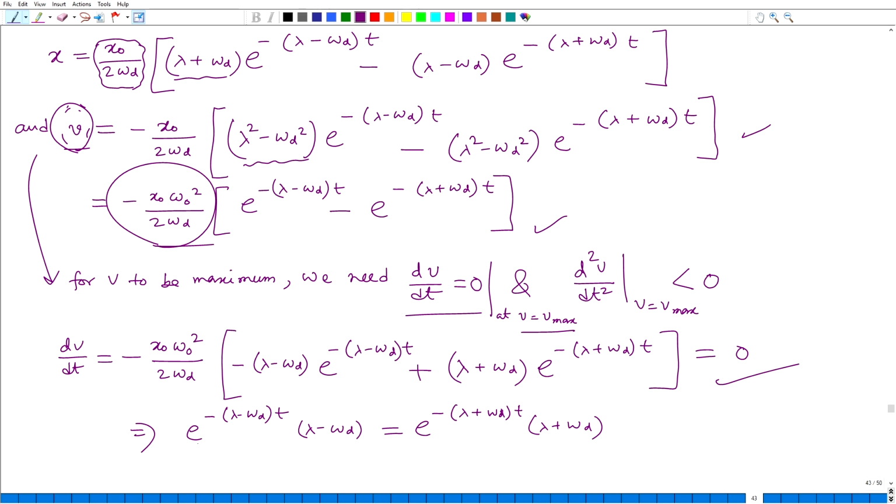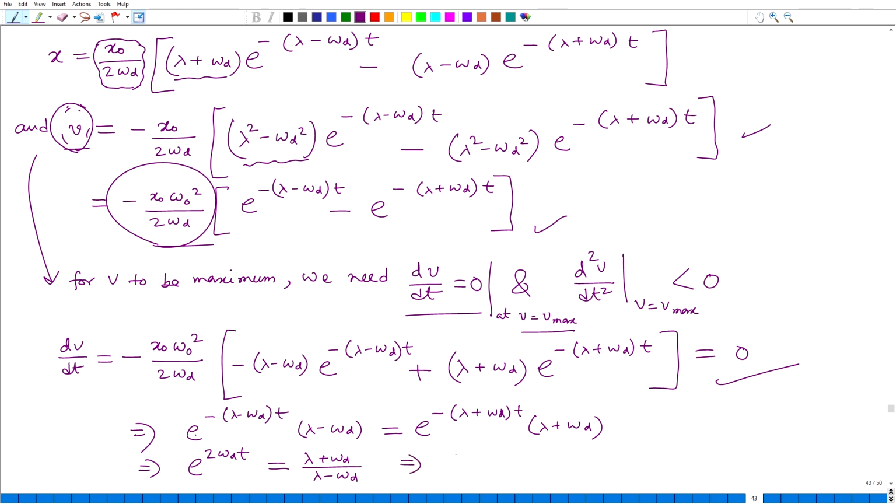And here you see there is one e to the minus lambda t and e to the minus lambda t which can get cancelled. Okay. And then we can have e to the plus omega d t, here also you have e to the minus omega d t. So, we can take them together. So, that will be e to the 2 omega d t, that will be equal to lambda plus omega d by lambda minus omega d. Okay.